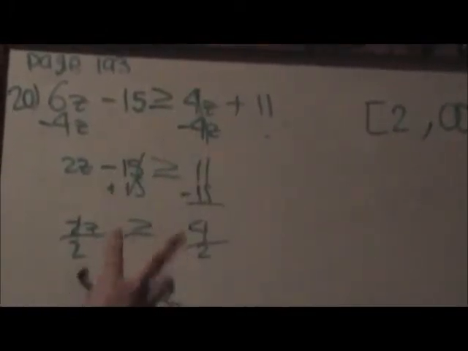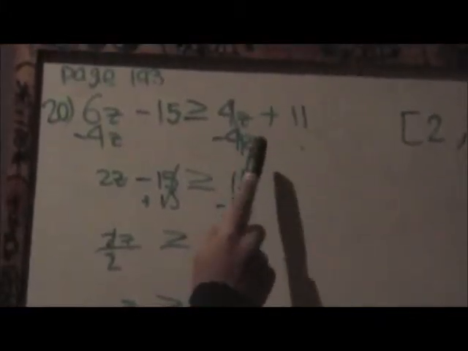So it will be removed. And here, these two numbers are really the same. So the equation will be the same, except that we don't have the 4. So it's 2z minus 15 is more than or equal to 11.